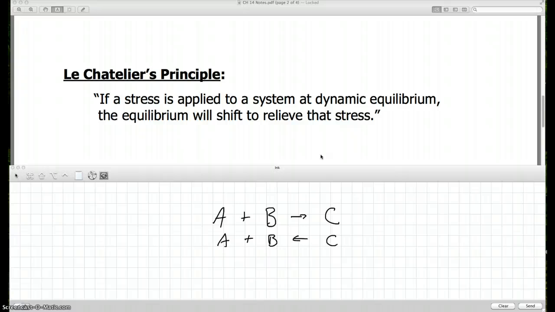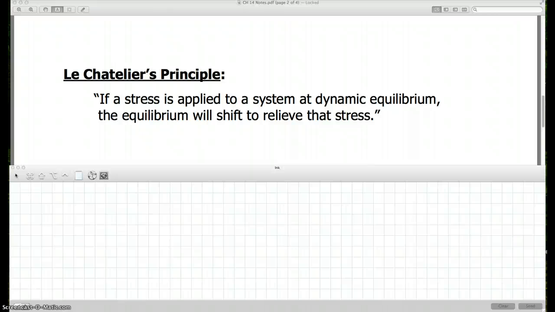Le Chatelier's principle is a main concept of this unit, and it says that if we have a system, a reaction at equilibrium, and it's happy and it's balanced, and we do something to mess up that balance, if we knock it off balance somehow, and we'll talk about how we can do that in a second, it'll try to get back to a new balance point.